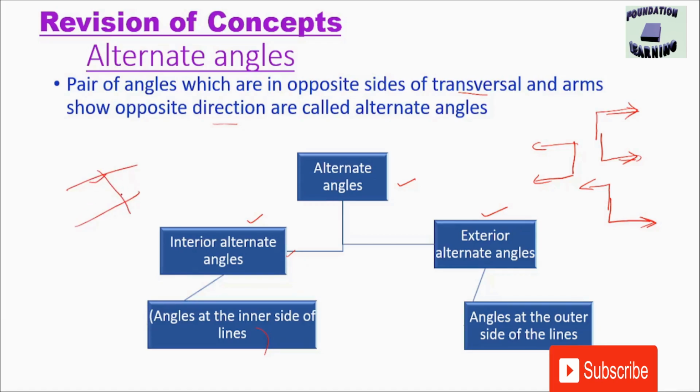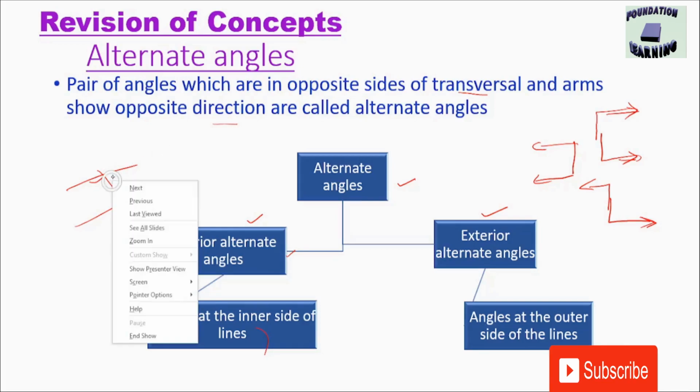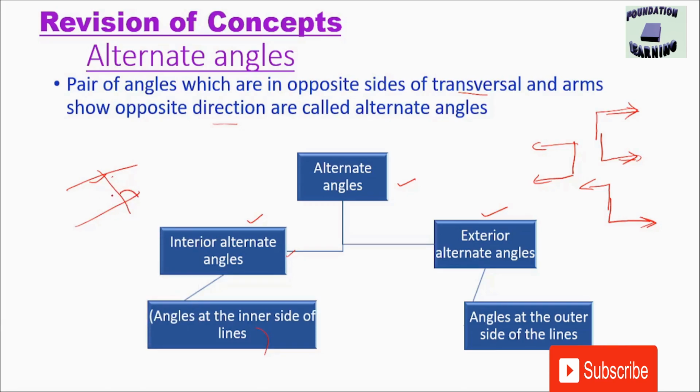One will be this and the other one will be here, and here and here. That means inside the parallel lines. The other one will be exterior angles at the outer side, so we will have it outside the parallel lines.